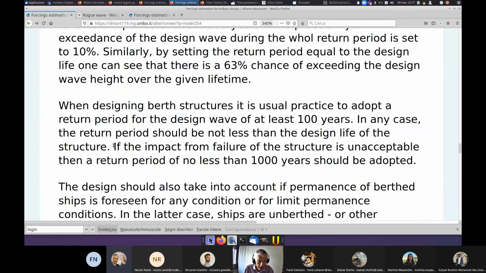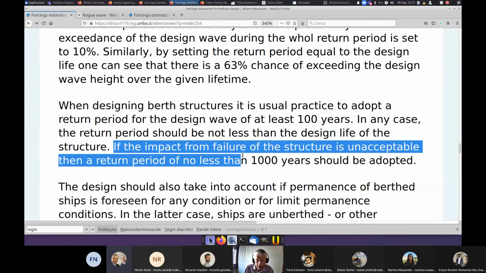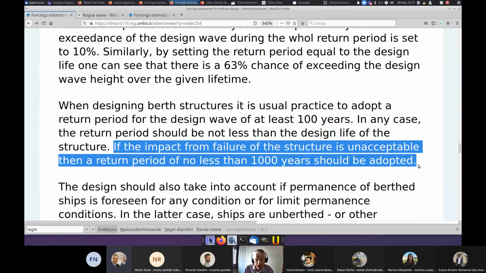And in fact, here you read, if the impact from failure of the structure is unacceptable, then a return period of no less than 1,000 years should be adopted. If there is risk for human life, be careful, because you may need to increase the design lifetime.